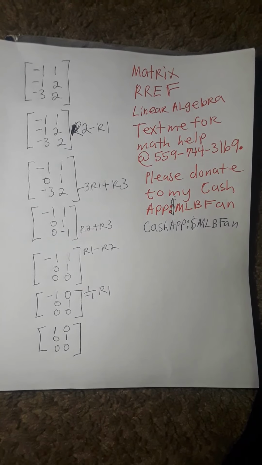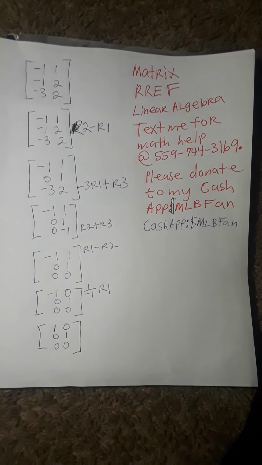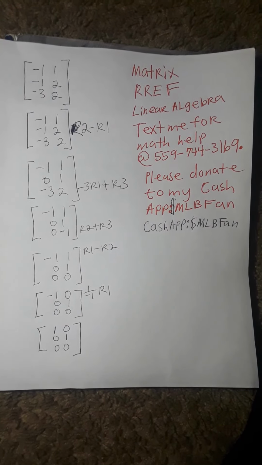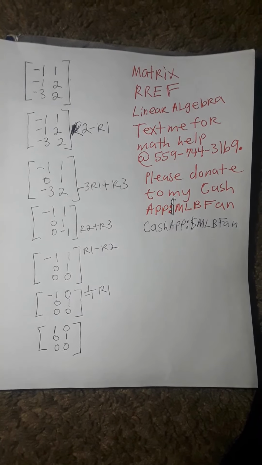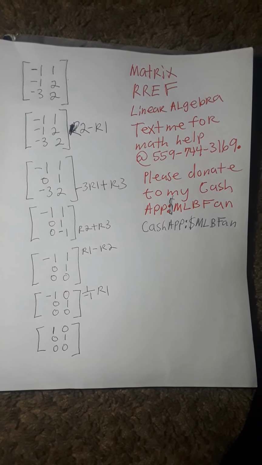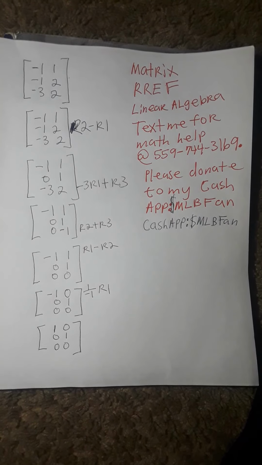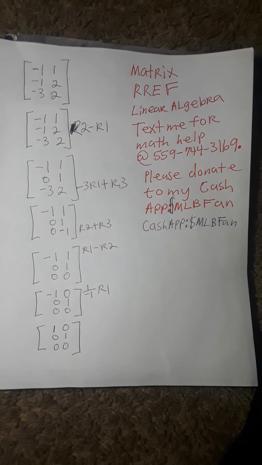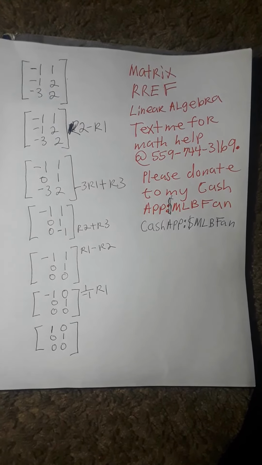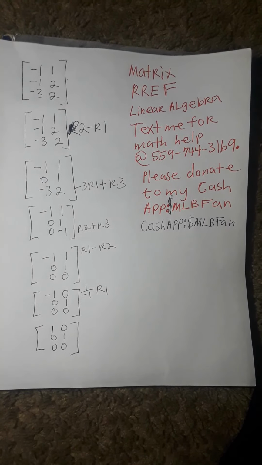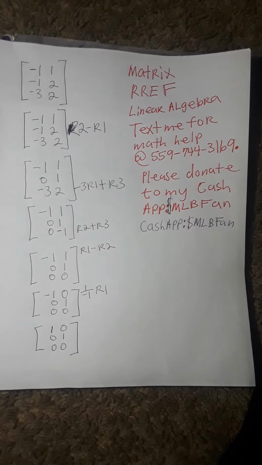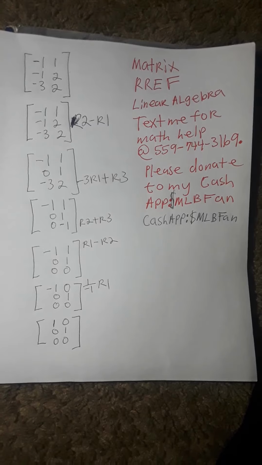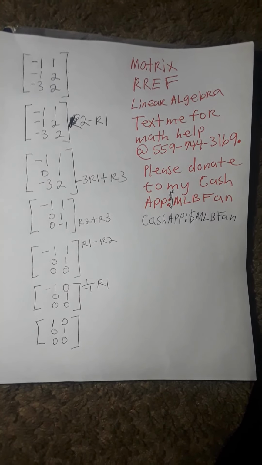So again, multiply row 1 by -3 and add it to row 3. So -3 times -1 is 3, and then add it to the first number in row 3, which gives you 0. And then -3 times 1 gives you -3, plus 2 will give you -1. So now it will read -1, 1, 0, 1, 0, -1.